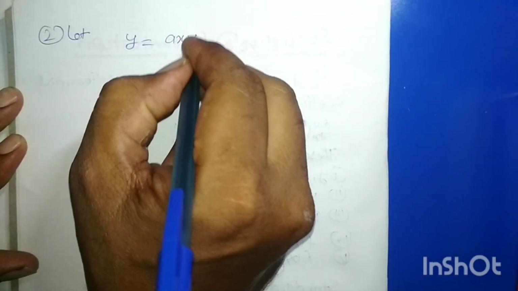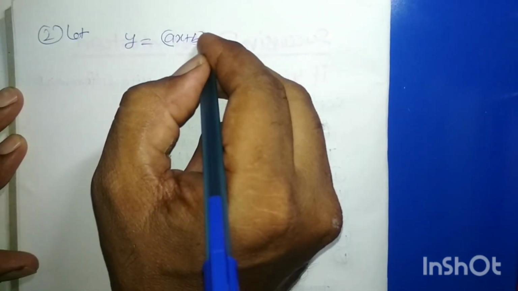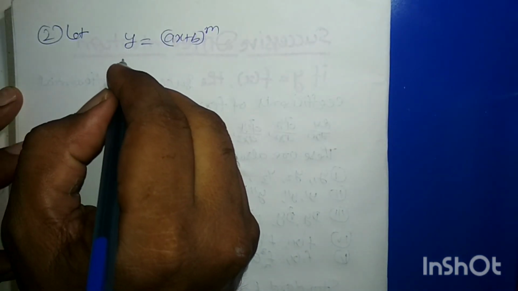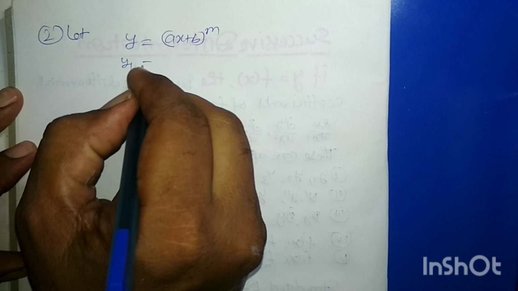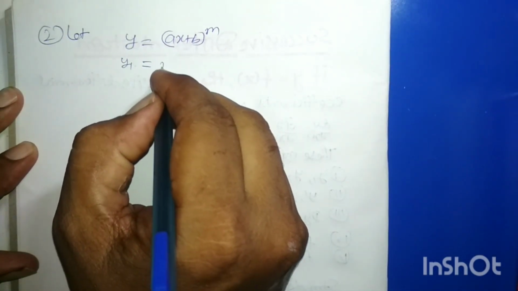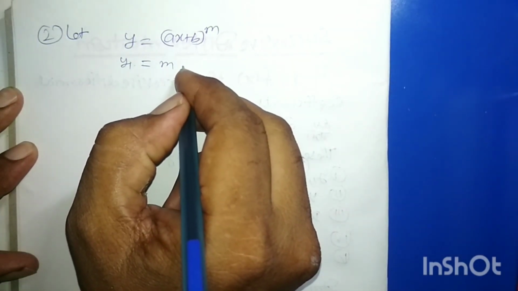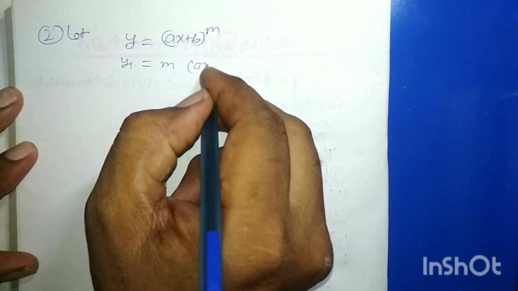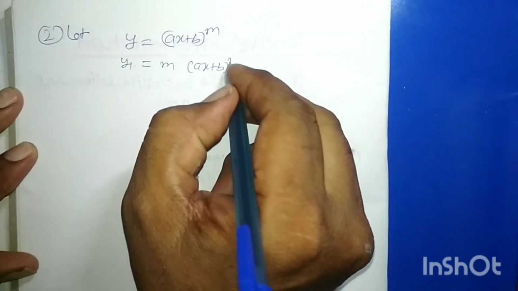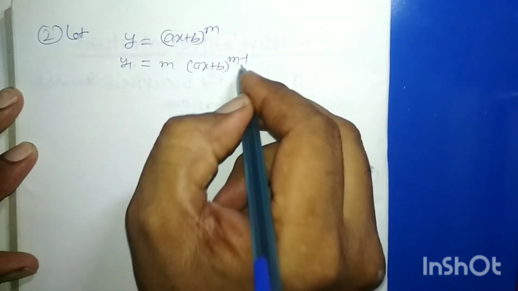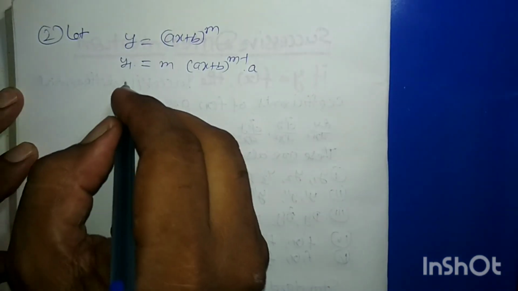Now let y = (ax+b)^m. For the first derivative, differentiate with respect to x: y1 = m(ax+b)^(m-1) into the differentiation of ax, which is a.